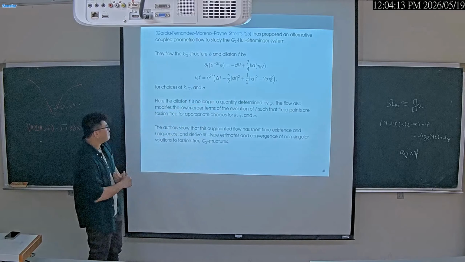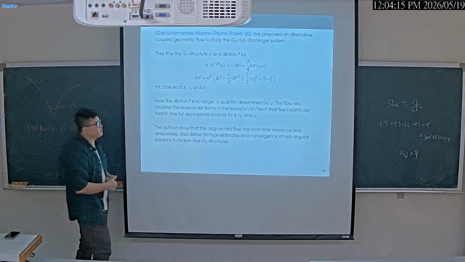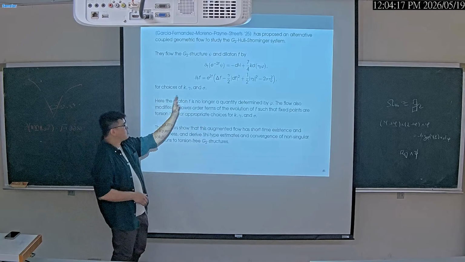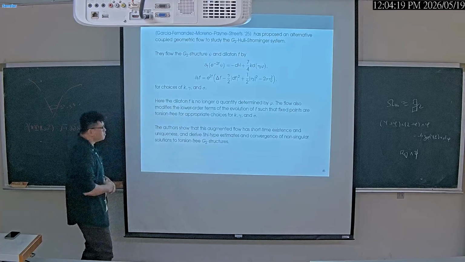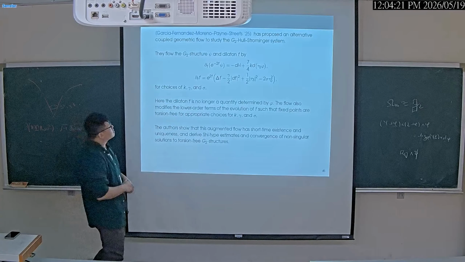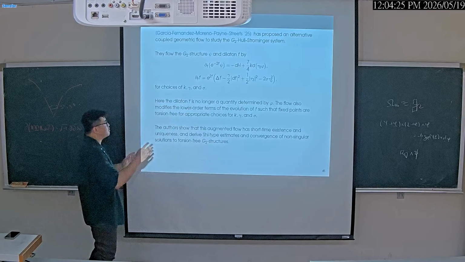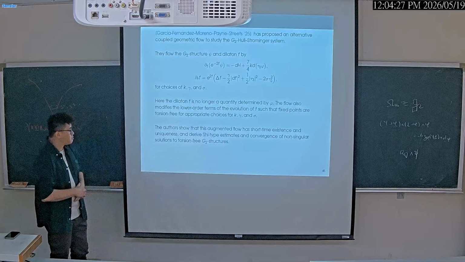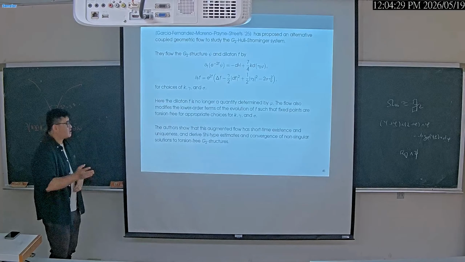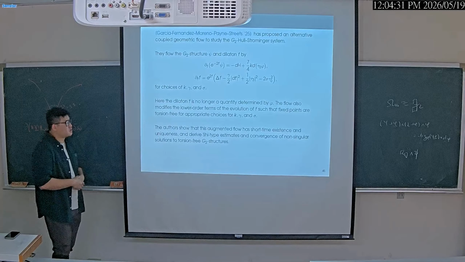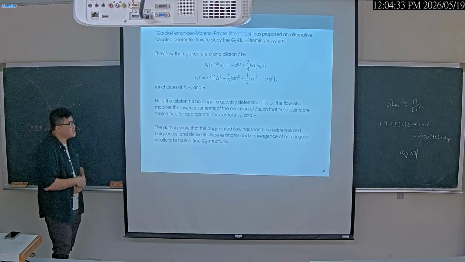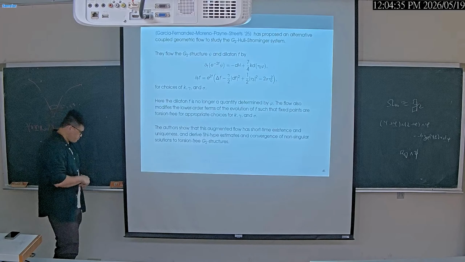They no longer made it a quantity determined by phi, and they've augmented the lower order terms of the flow of the function. So they have all these additional parameters that you can tune, and for some choices of their parameters you can get short-time existence and everything, and the fixed points are torsion free.